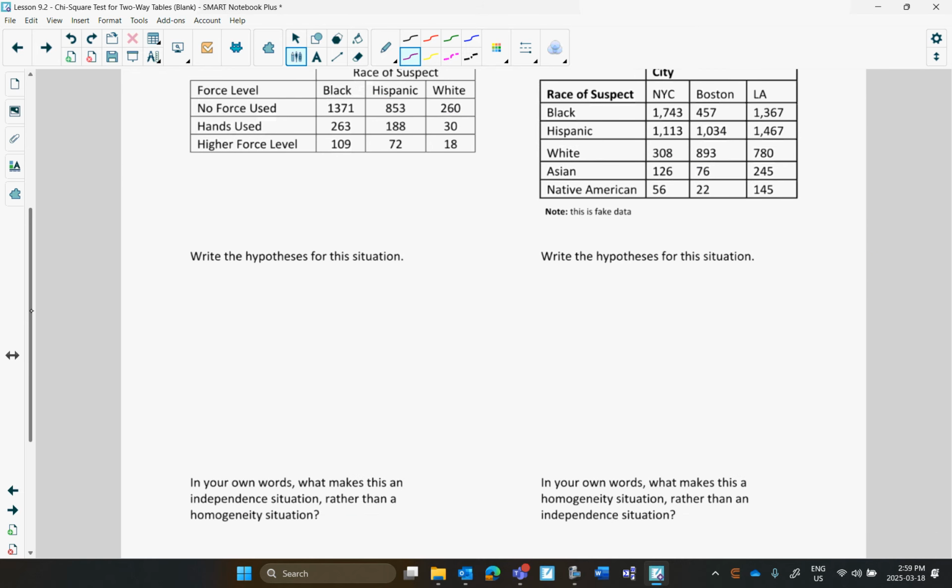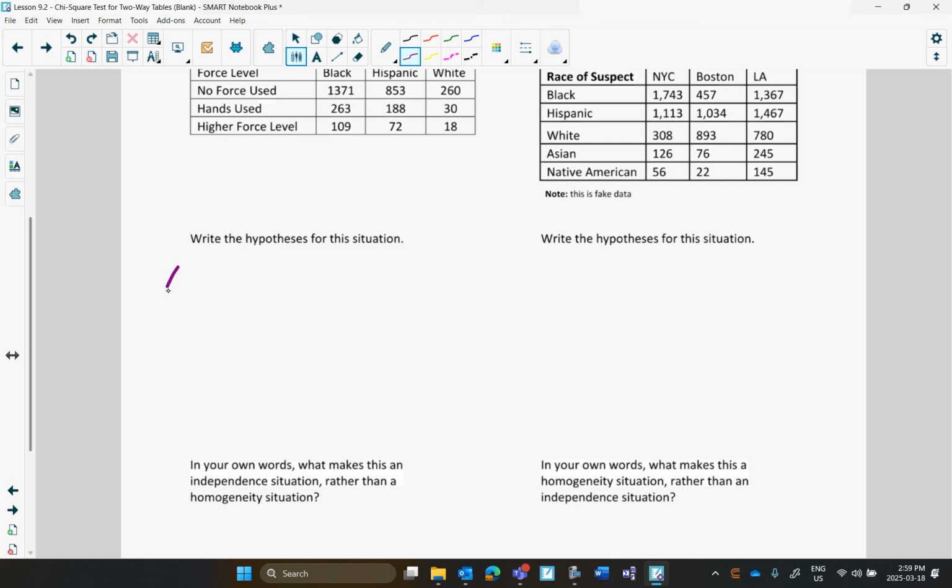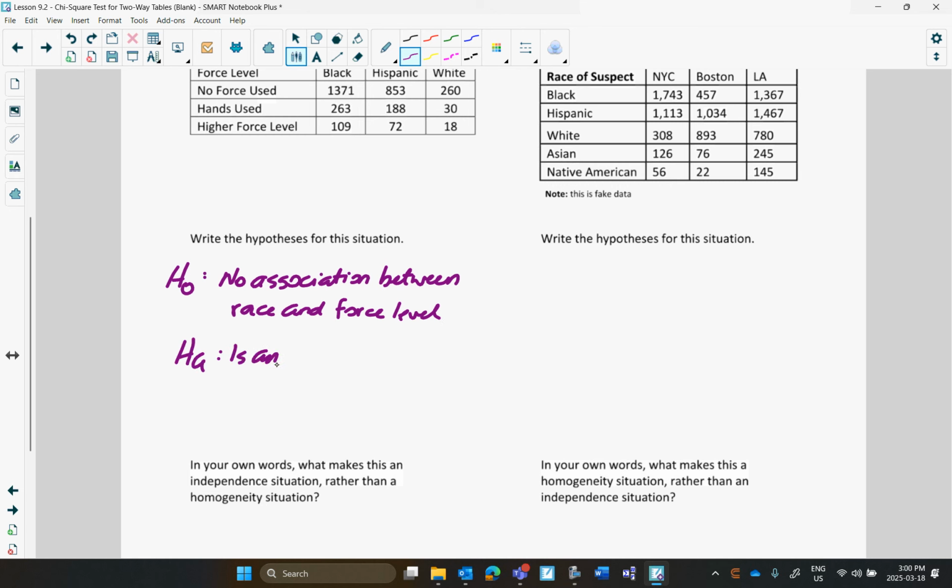The hypotheses in each of these situations would be H0, no association between race and force level. The alternative would be there is an association between race and force level.